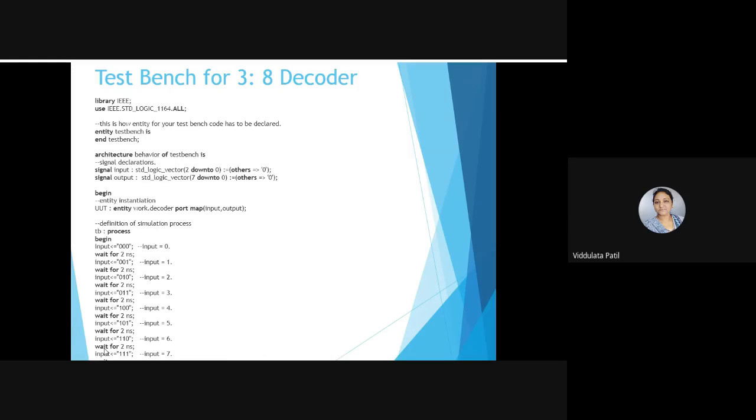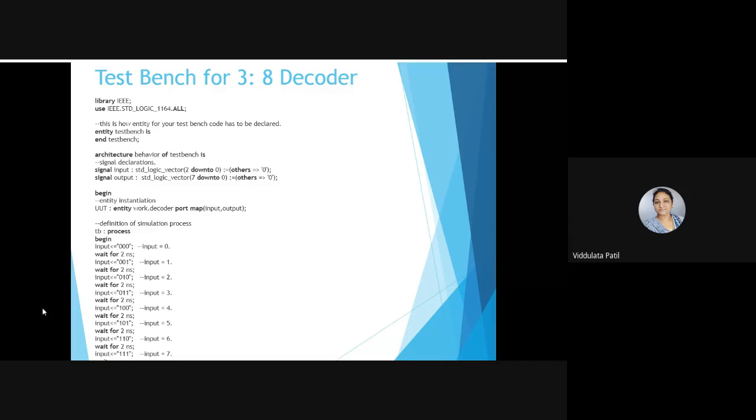Now let us discuss the test bench. Here we need to include the IEEE library in this test bench also, because the test bench is again a VHDL code. So the library declaration will be the first part, after that the entity.